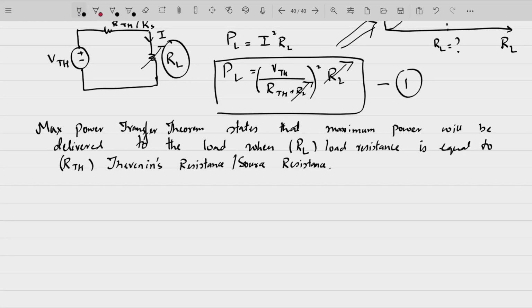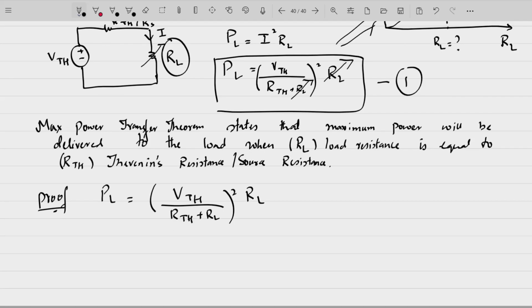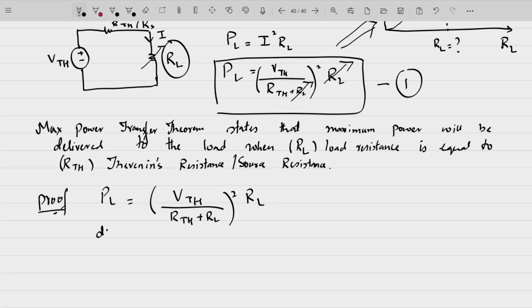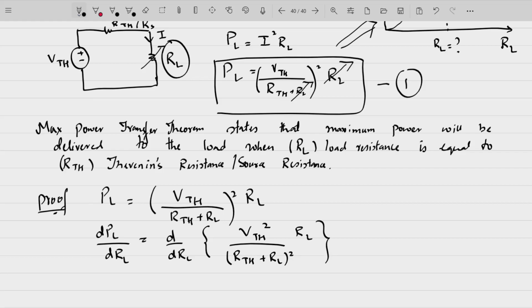So to prove this, the derivation of this, you have PL equal to VTH divided by RTH plus RL, square, into RL. So what you have to do is differentiate this: dPL with respect to dRL, that is d by dRL of VTH square divided by RTH plus RL square, times RL.